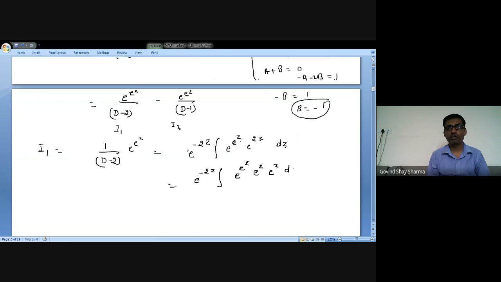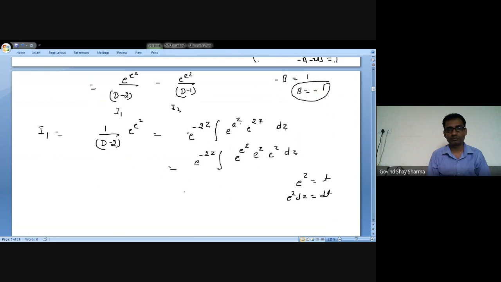We can write e to power 2z as e to power z times e to power z, then take e to power z as t. So e to power z dz becomes dt. So we can write e to power minus 2z, e to power t dt.